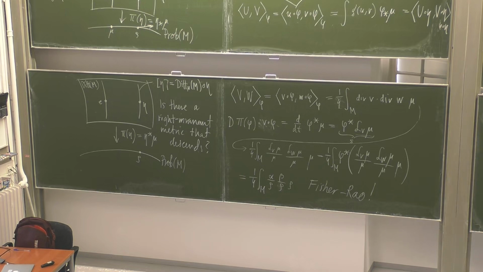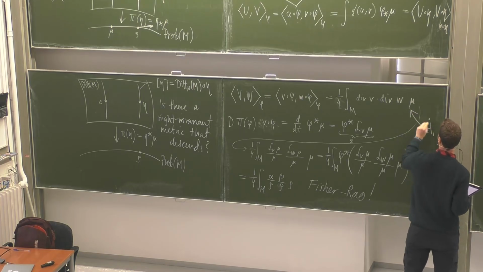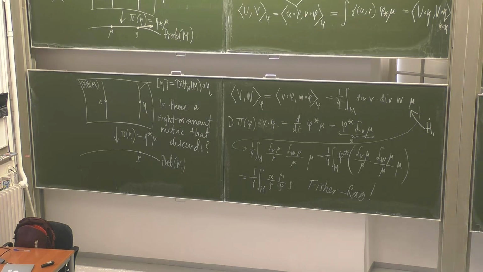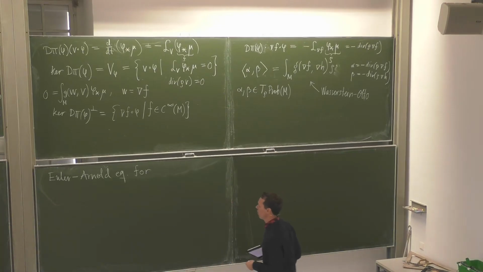Once you have that, then you essentially have the equations of motion. If you write down the Euler-Arnold equation for this metric here, which by the way is often called H1 dot. H1 because it's obviously a Sobolev H1 type metric, and dot I guess because it has this singularity or kernel, so it's not really a metric. The Euler-Arnold equation for H1 dot, not going to do it in detail, let me just write it.